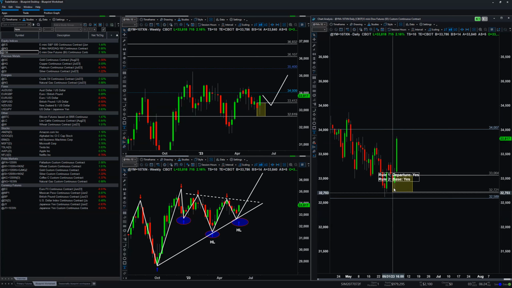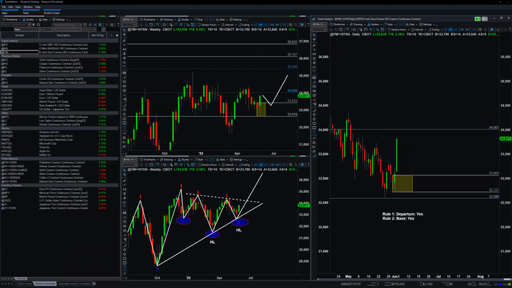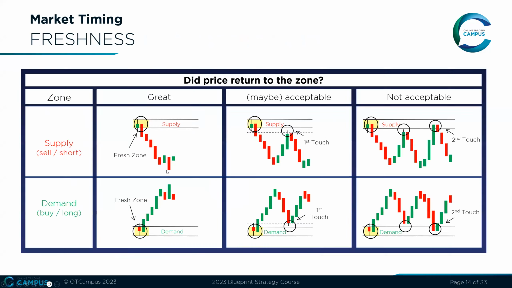So far, we just looked at the structure of the zone, which is now completed. We check the departure, check. We check the base, check. So now we move on to freshness. Freshness is a term that should be familiar to you guys.